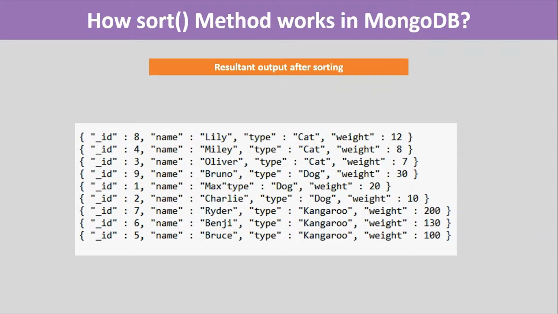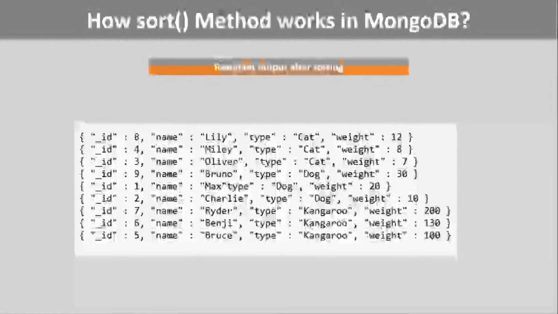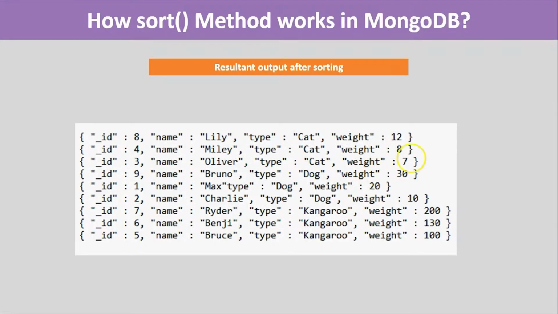So this means that if there are multiple pets of the same type, those pets are sorted by their weight in descending order. Now, if there are multiple pets with both the same type as well as weight, then those pets are sorted by the ID field, which we have given to sort them in ascending order. If we hadn't included the ID field in the sorting process, then those pets of the same type and weight could appear in any order, guys.